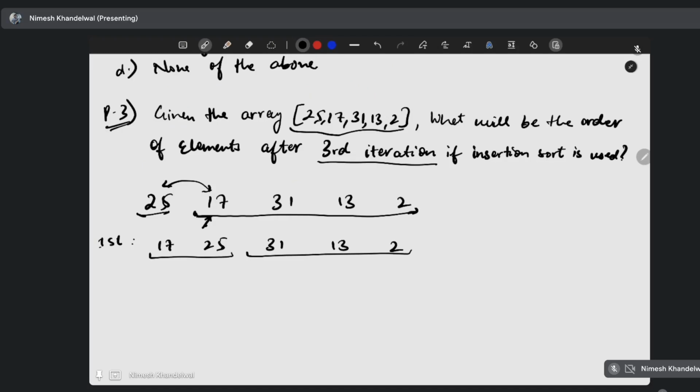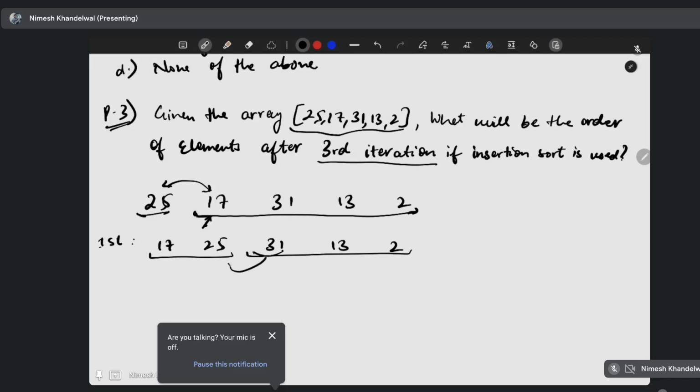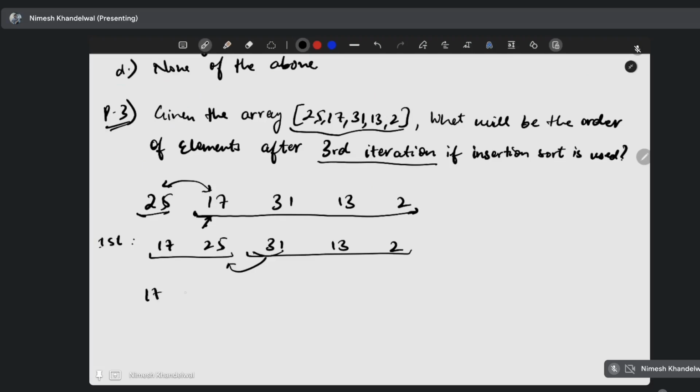Okay, so now again what we do, we take the key, that is 31, and then we put it at its respective place in the sorted section, right? So this will come right here after 25, right? So this becomes the sorted section, and this becomes the unsorted section after the second iteration, right?